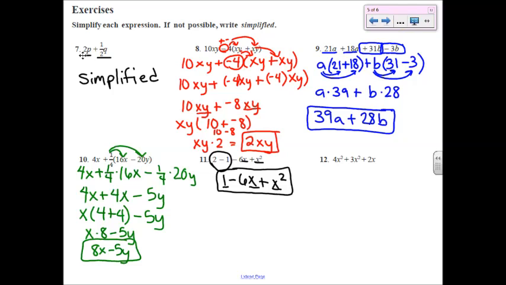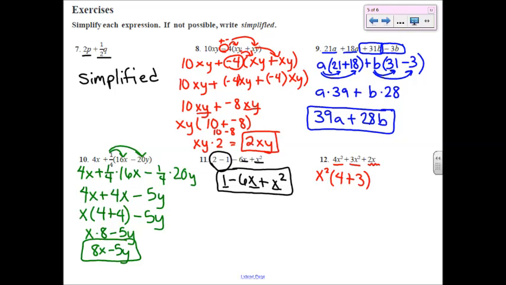And the last one of this section, 4x squared plus 3x squared plus 2x. Well, x squared, and x. I can combine the ones that have x squared. And I do that by doing the opposite of the distributive property, pulling it out.